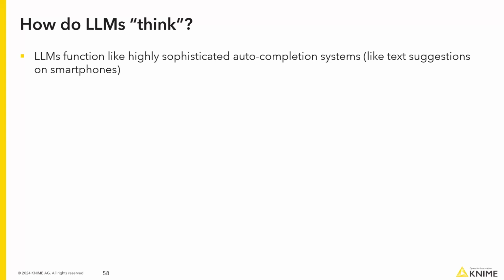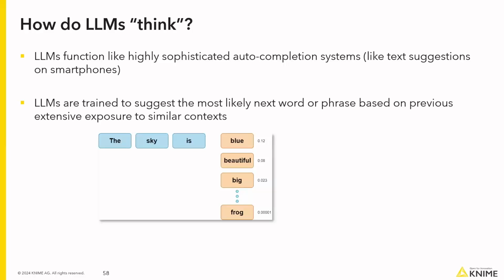So given a sequence of text, the LLM needs to learn how to predict the next upcoming word. In fact, they are trained to suggest the most likely next word or phrase based on the previous tokens or the previous string.